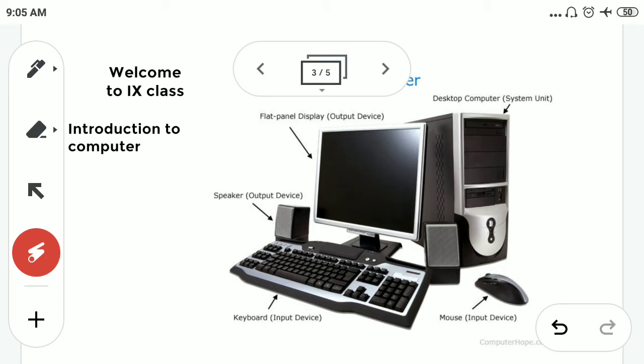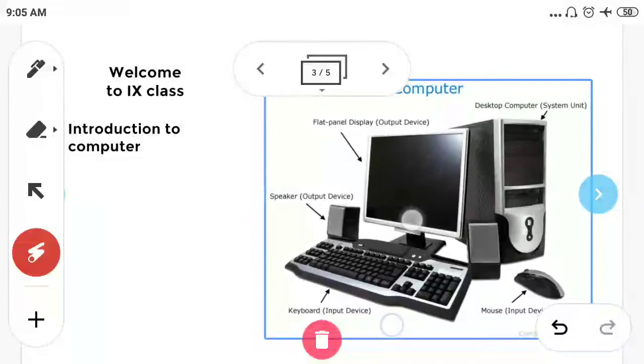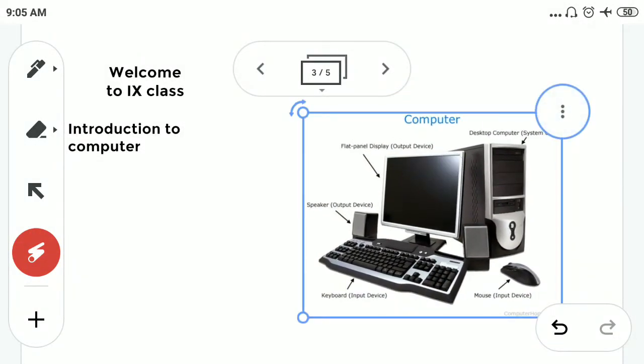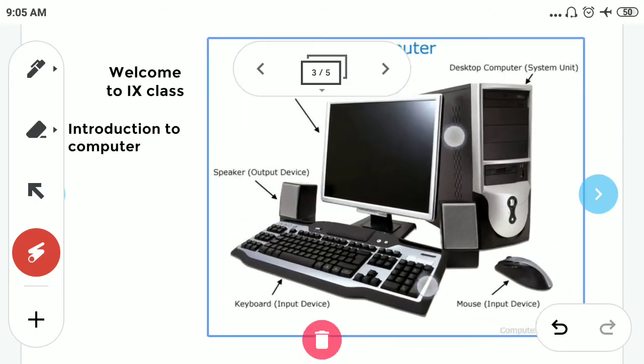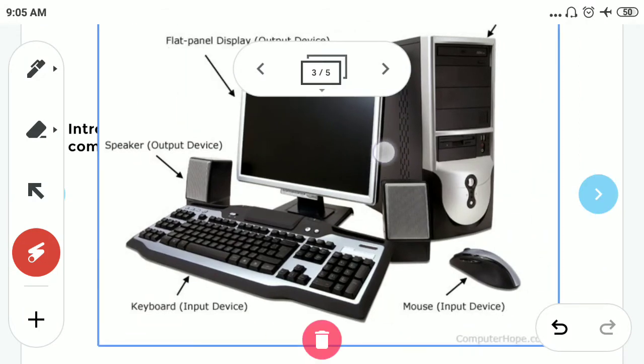The next biggest part here is the flat screen panel or flat panel display, which is an output device. The next thing you can see is a speaker, an output device. The most commonly used input devices are keyboard and mouse. Here you can see the keyboard and the mouse also.